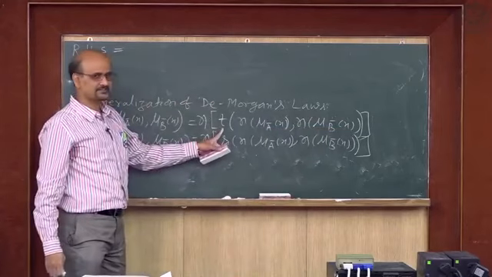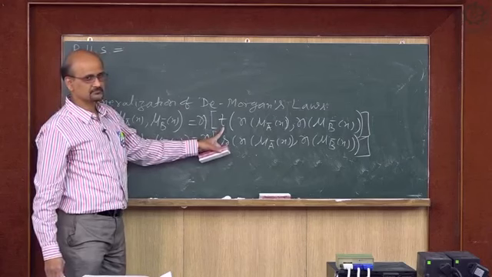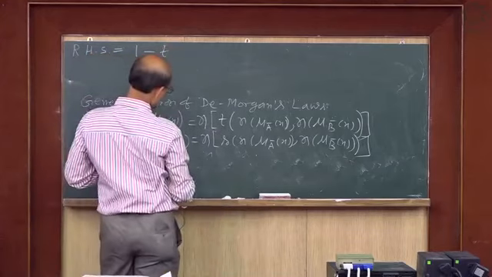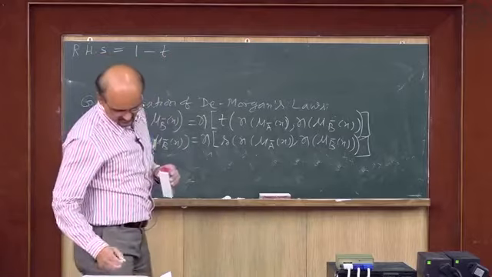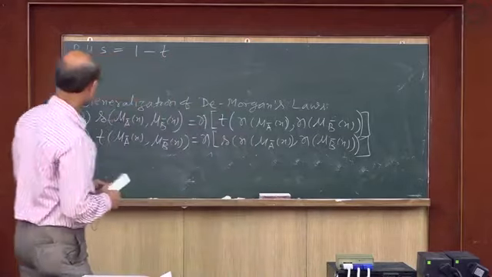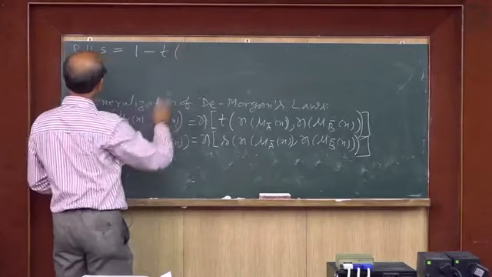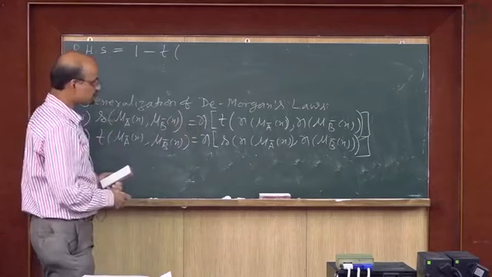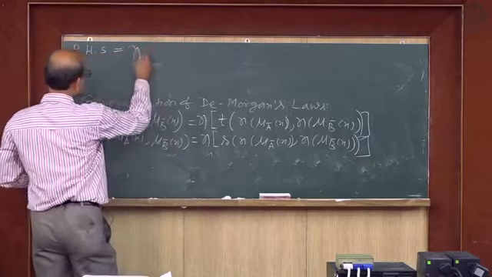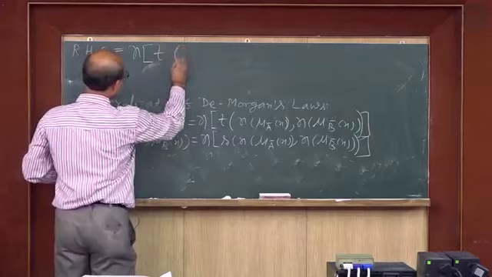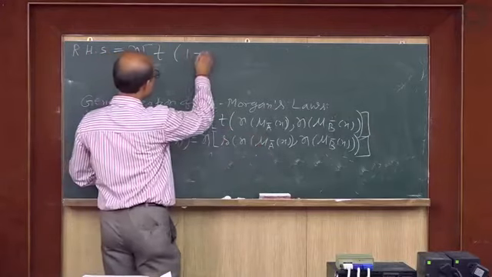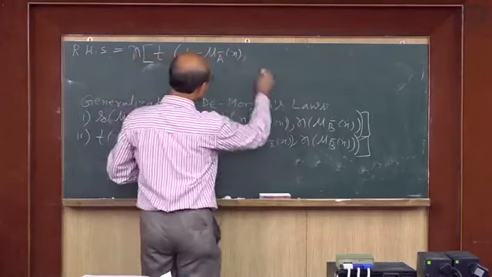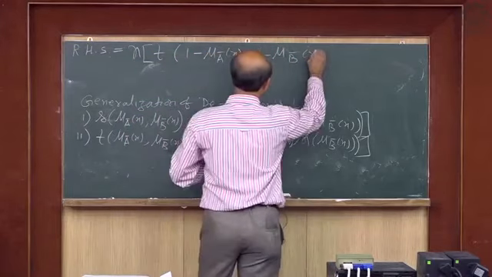So, I can write this in terms of n t, then n of mu a bar x is your 1 minus mu a bar x, n of mu b bar x is 1 minus mu b bar x, am I correct?